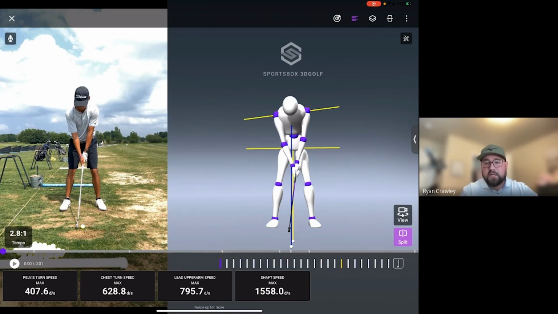It's like telling somebody, here, go dunk a basketball, and if they can't dunk, they're not going to magically be able to just off of effort. So there are some really cool numbers that we can look at to see if our player is moving efficiently in order to create that speed.